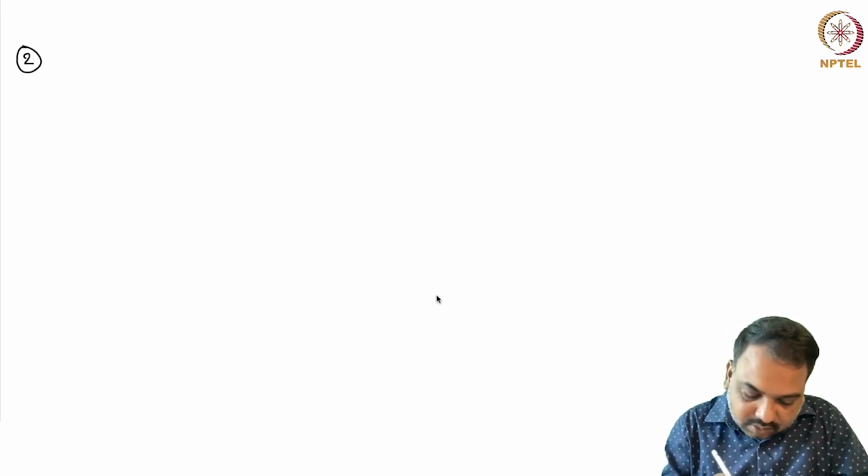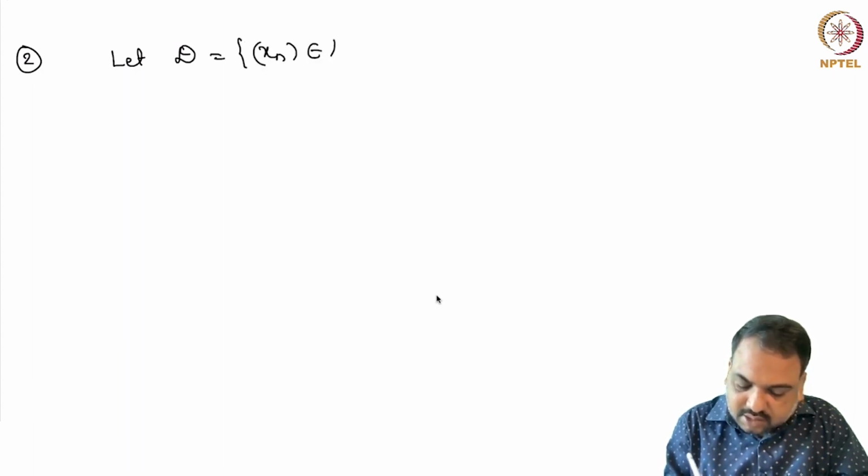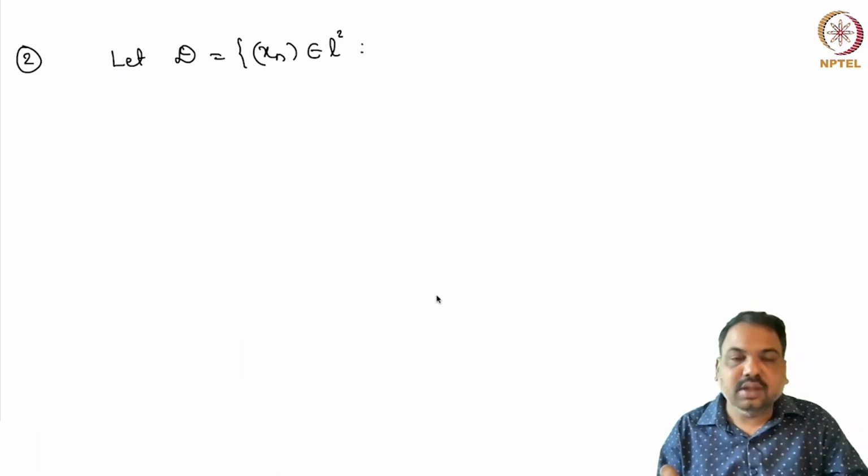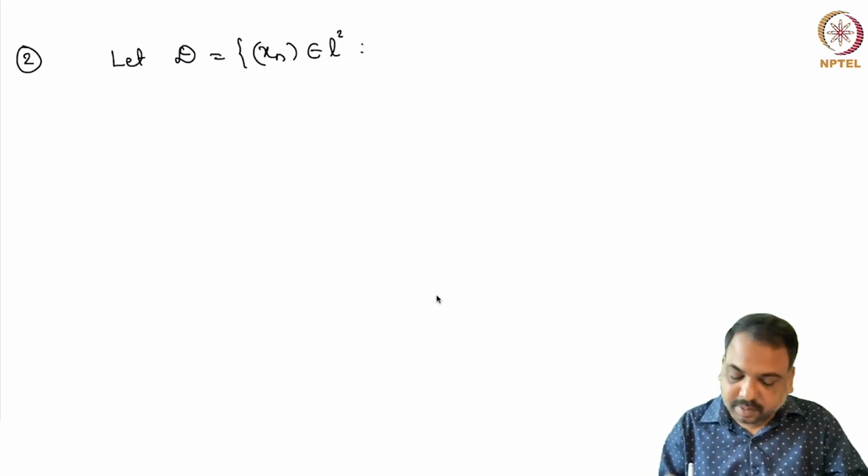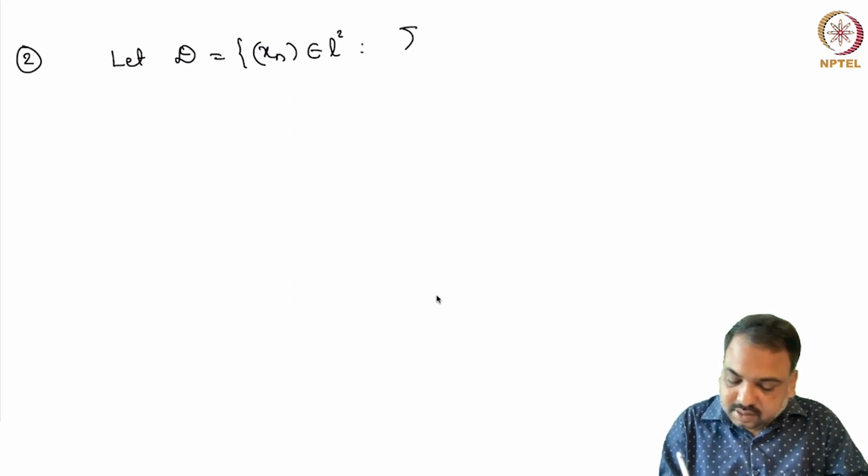Let us take a set D as the set of all complex sequences in L2, L2 of natural numbers, such that the summation n equal to 1 to infinity of n times |x_n| squared is finite.